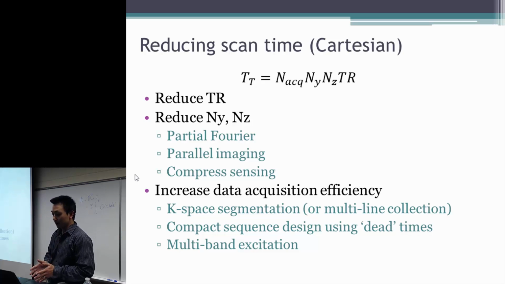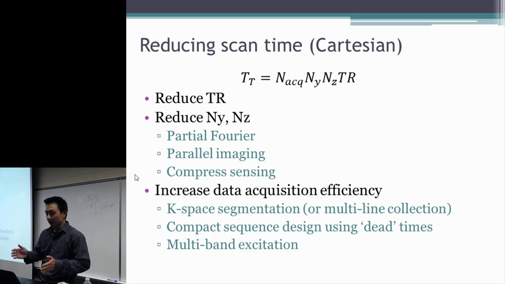For multi-band excitation, the RF pulse can excite 3 slices at different locations simultaneously, so the excitation is simultaneous and the acquisition is also simultaneous. With the same sequence design and same sequence timing, you can acquire the signal from multiple slices rather than just one slice. So this is also a very new development of the current techniques.